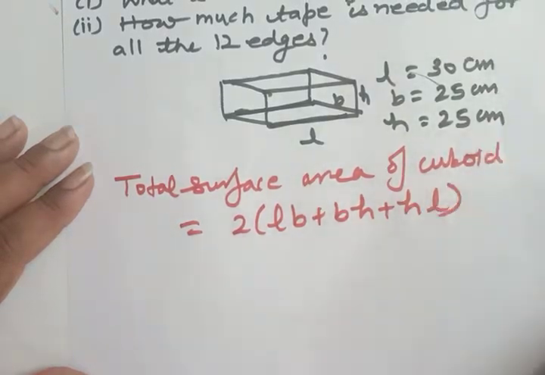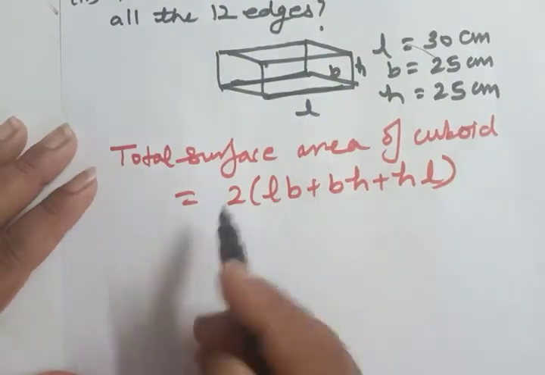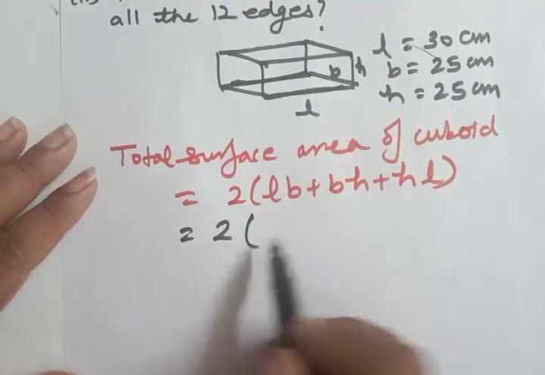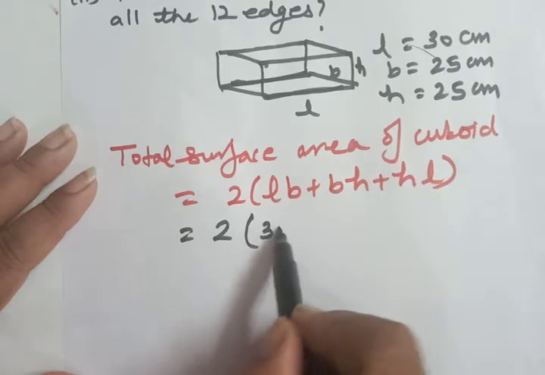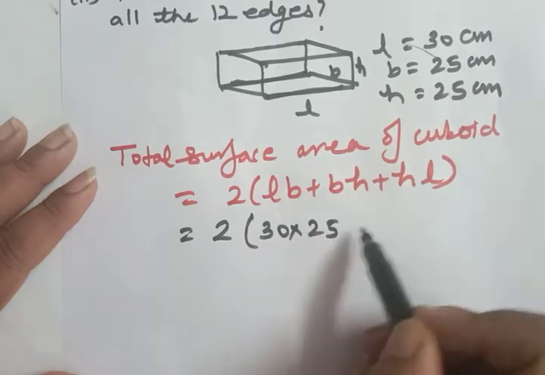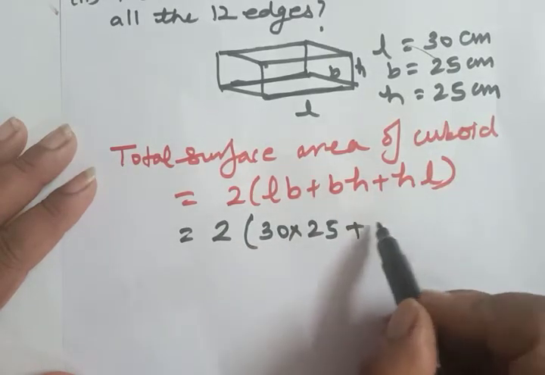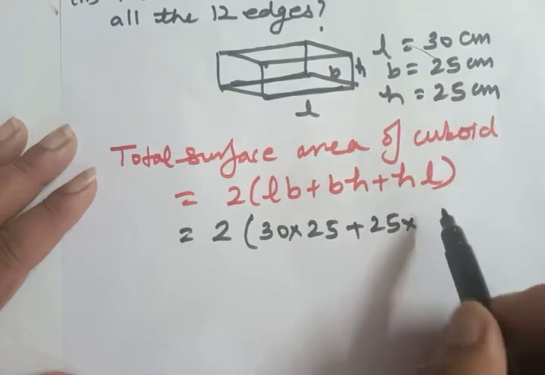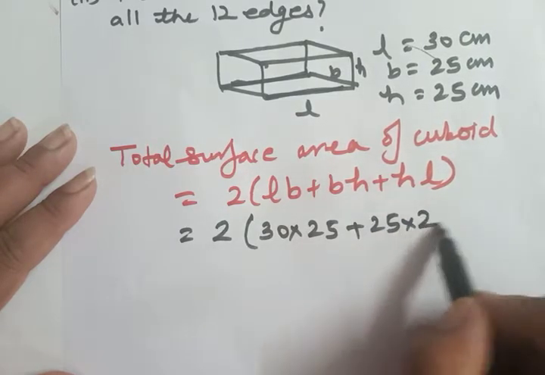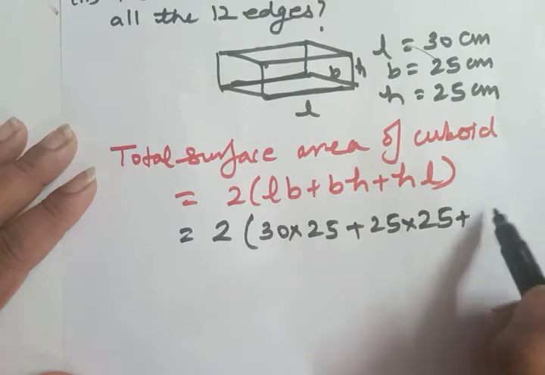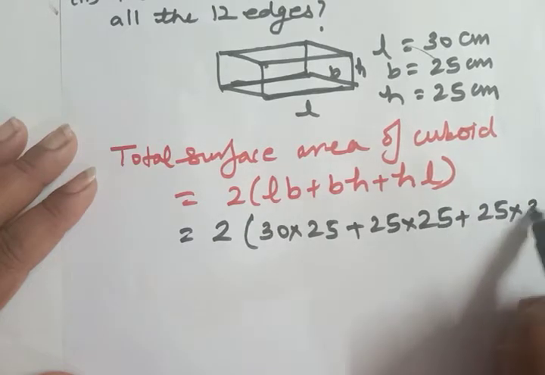So we need to put the values. That is equal to twice into L, that is 30, into 25, that is breadth, plus breadth, that is 25, into height, that is again 25, plus height, that is 25 into 30.